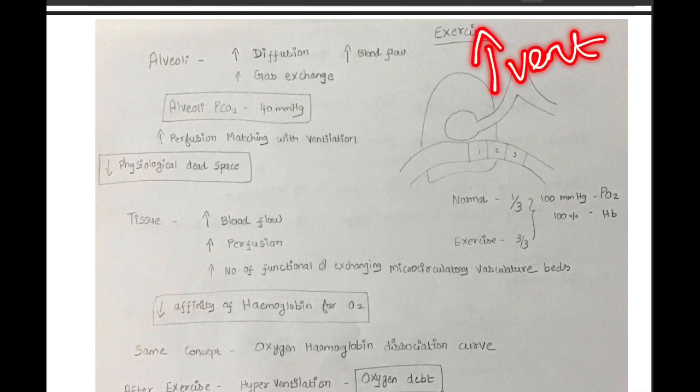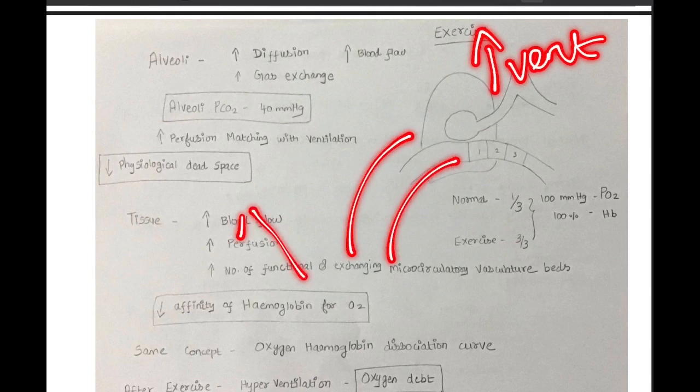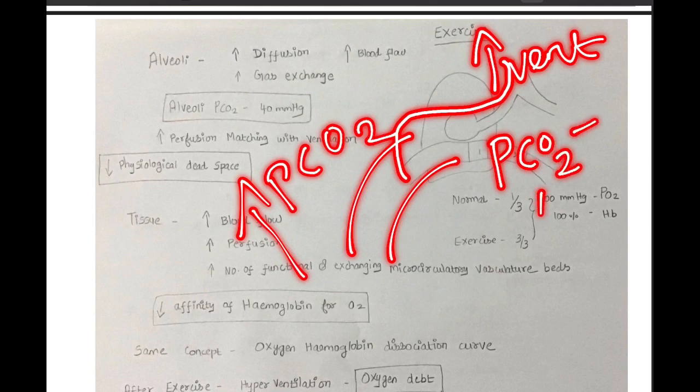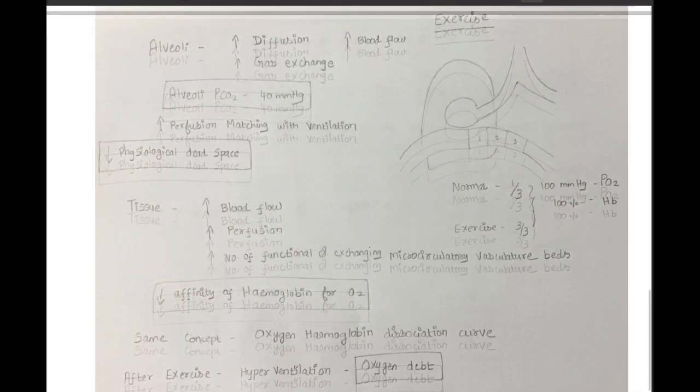So this increased carbon dioxide in the venous blood will be balanced by the increased ventilation. So the partial pressure of carbon dioxide in the alveolar sac will remain at 40. So please do not confuse that.